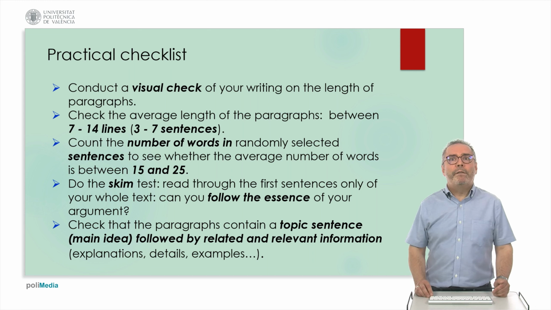Then count the number of words in randomly selected sentences to see whether the average number of words is between 15 and 25. This is a good idea. Do the scheme of the text and see if you can follow the essence through the structure of the paragraph. And then check that the paragraphs contain a topic sentence followed by related and relevant information.